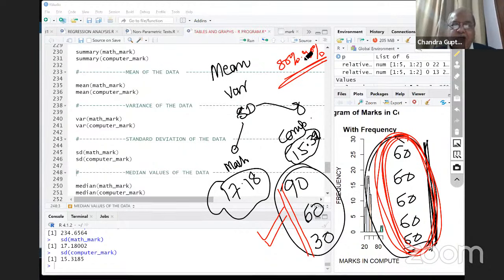Therefore, variation is better in that particular case. Less variation is not desirable. But don't conclude that more variation is always good.